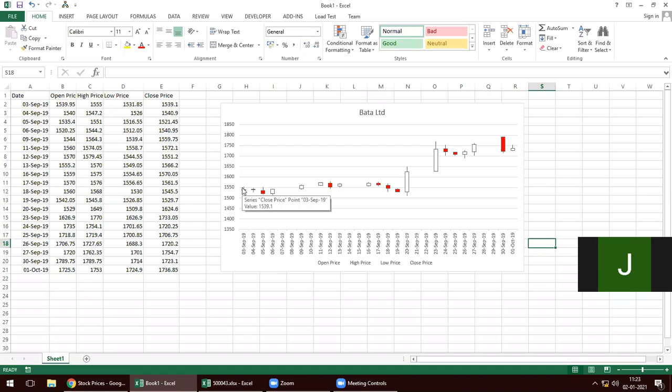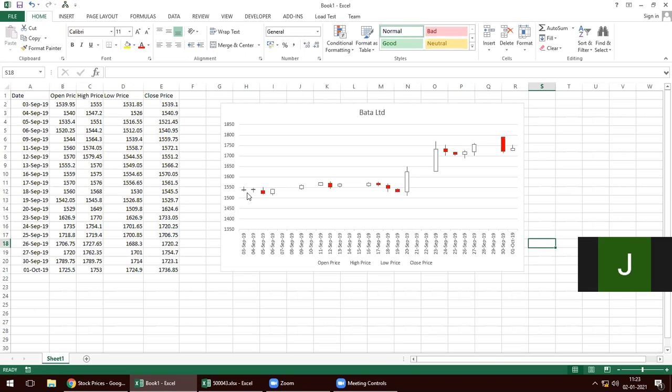Let us see the first day, September. The opening price is 1,539, but the closing price is also 1,539. That is why it shows only a small increase on the day. No more changes.